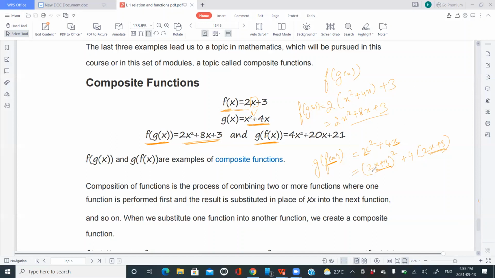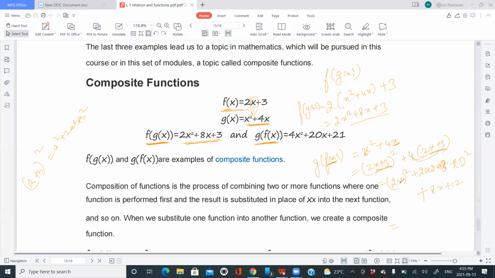You can solve it. You know the formula of (a plus b) whole square? It is a square plus 2ab plus b square. So (2x) square plus 2 times 2x times 3 plus 3 square, plus, multiplying inside, 8x plus 12.